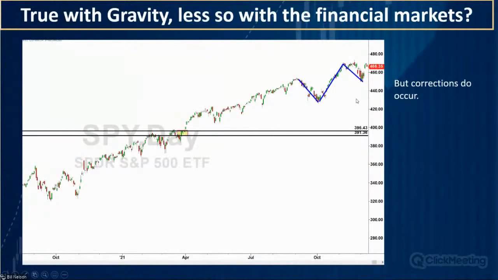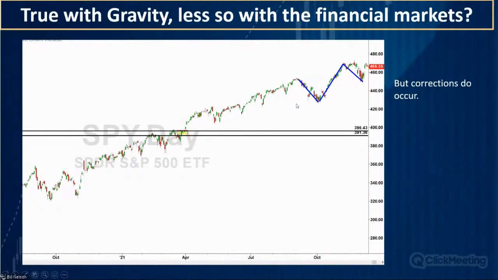As these corrections do occur, we can also go up from here, and that's another point I wanted to cover this afternoon: we don't know yet, without this huge imbalance that could occur should we see a lot of selling come into the market. For now, we could see another leg higher.